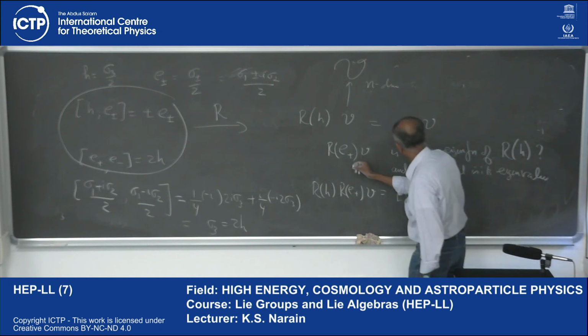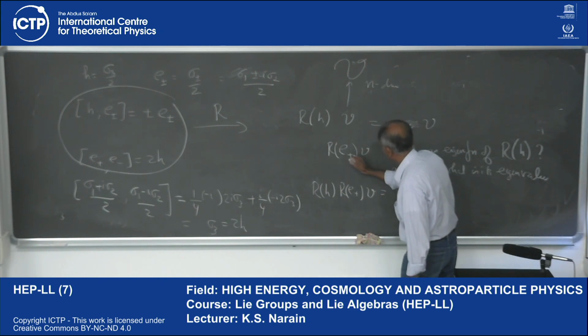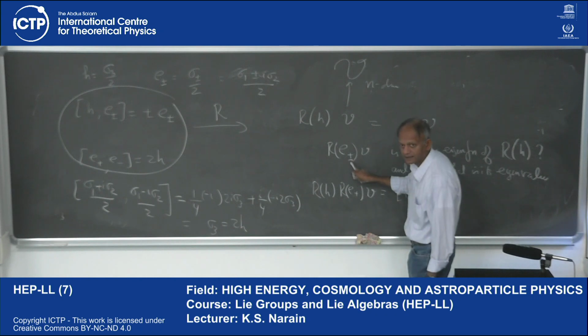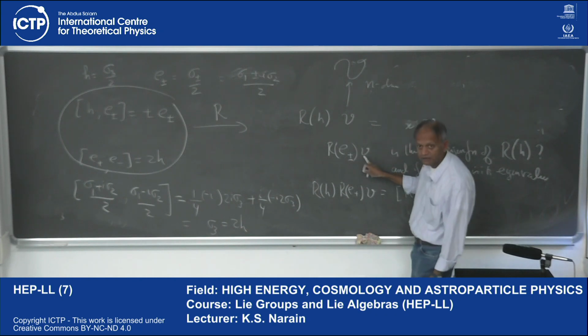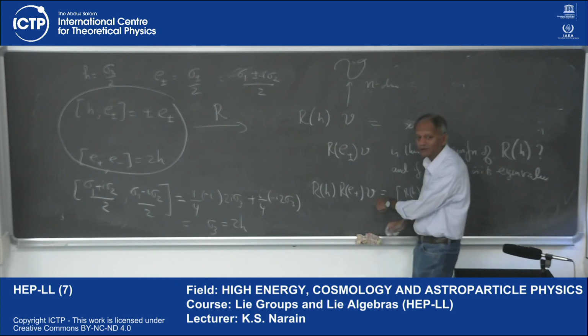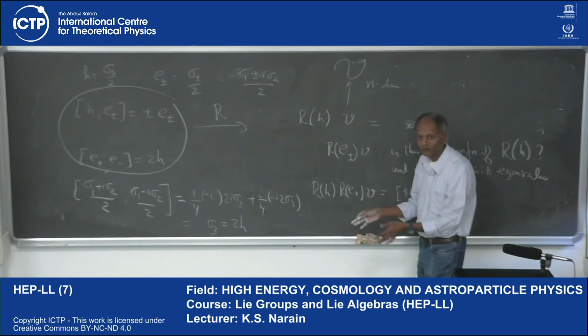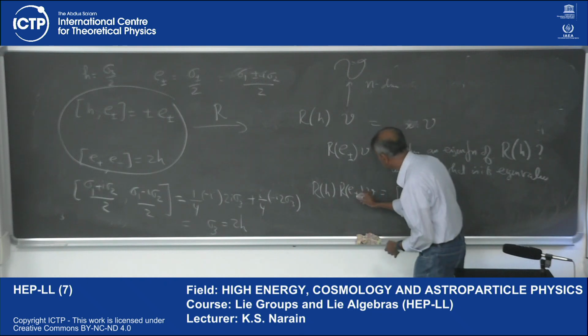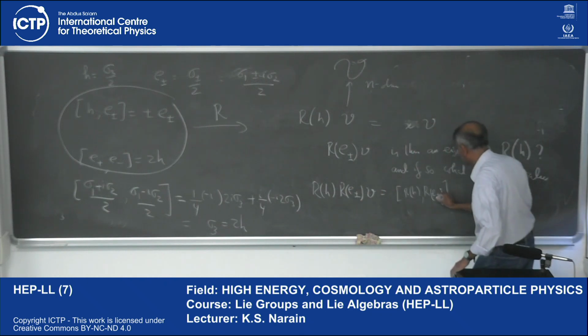Actually, let me put both of the same sign. So I can apply R E plus or R E minus, so there are two different states. By putting these two signs together, I can discuss both these states at the same time in the same equations. So I just put R E plus minus here.